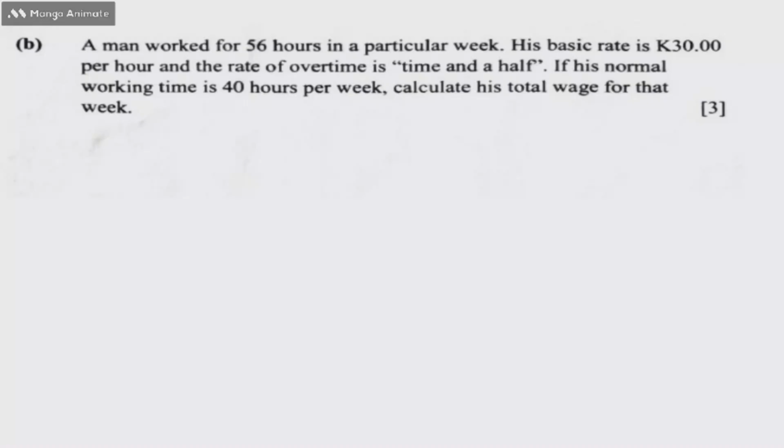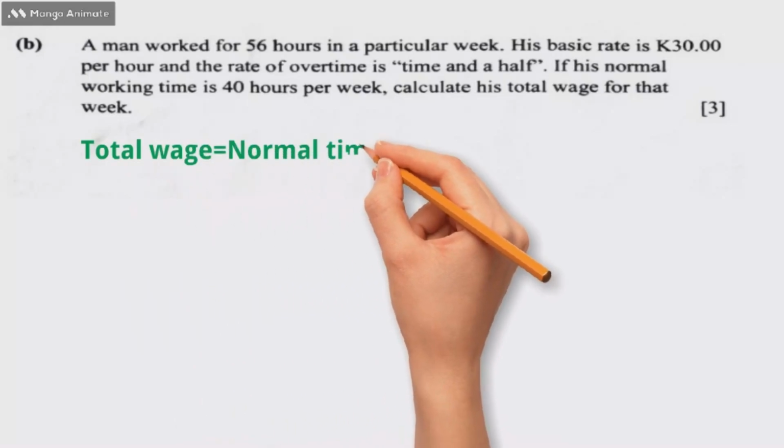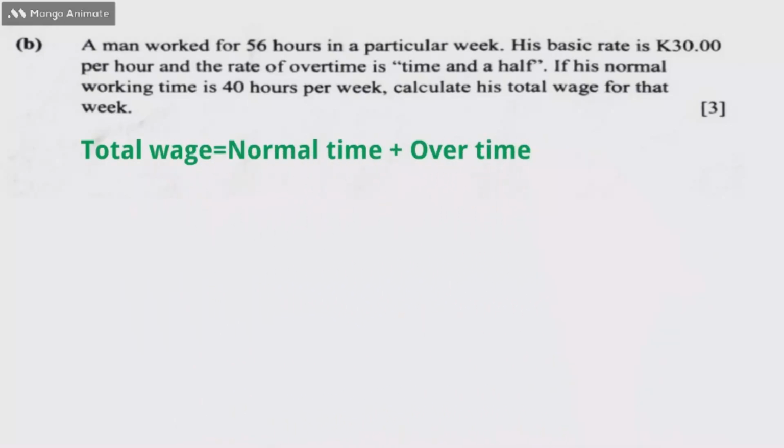To work this one out, we're going to use the formula: total wage is equal to normal time plus overtime. When we talk about normal time, we're talking about the money he makes in normal time, and overtime is the money he makes in overtime.